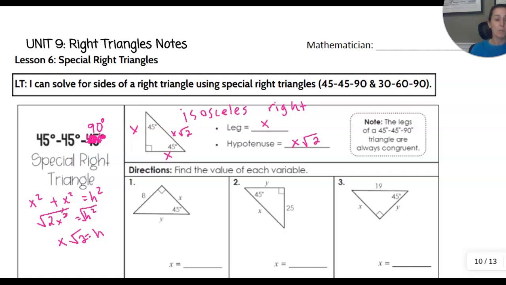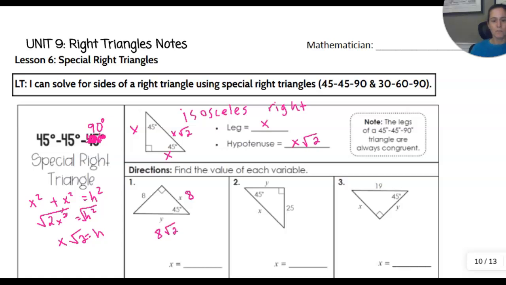And now we can go ahead and apply that rule to solve for the missing sides. So if 8 is one of the side lengths, then that means x is also 8 because it's an isosceles right triangle. For y, we would take that length and multiply it by radical 2. So y would be 8 radical 2.